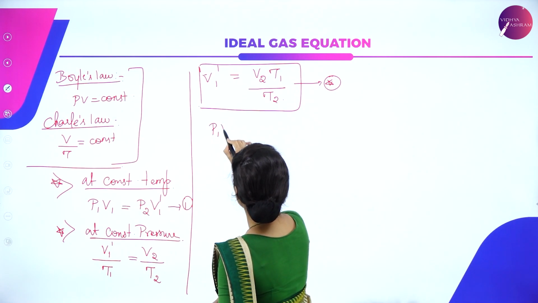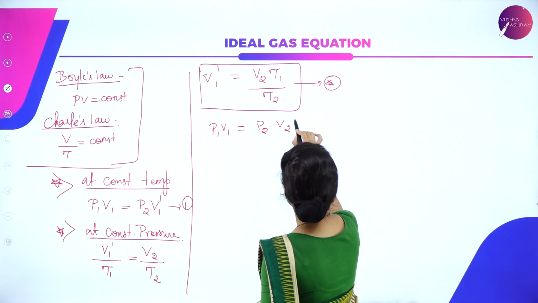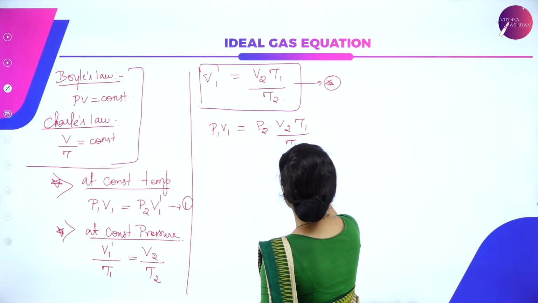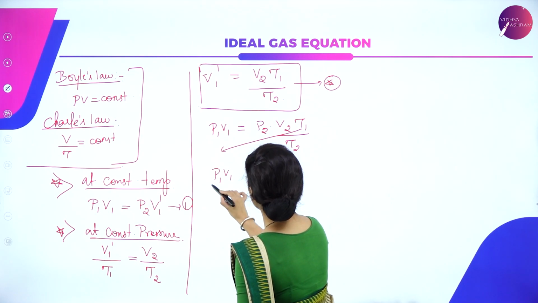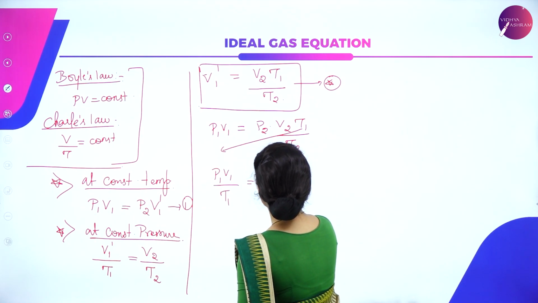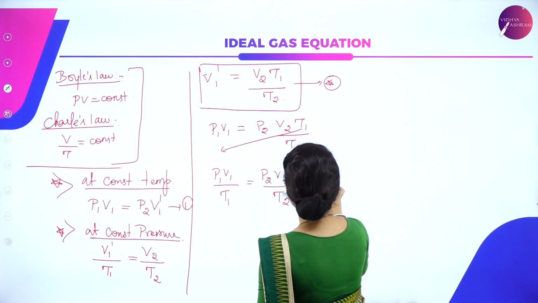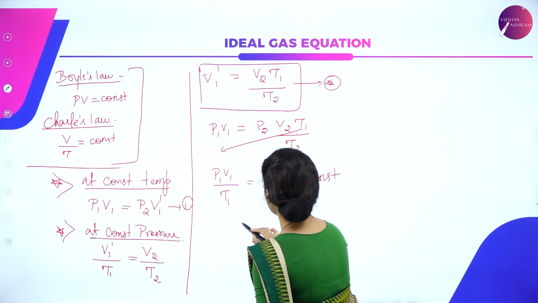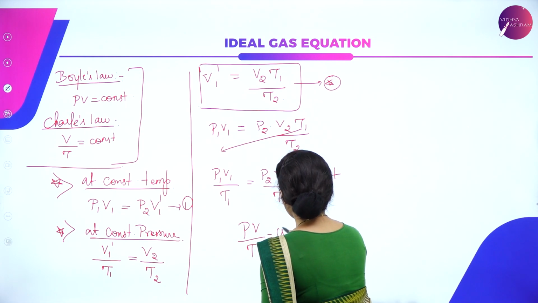So P1 V1 is equal to P2 of V2 T1 by T2. Let me get a T1 on the other side. So I have P1 V1 by T1 is equal to P2 V2 divided by T2, is equal to a constant. So we can just take it as PV by T is equal to constant.